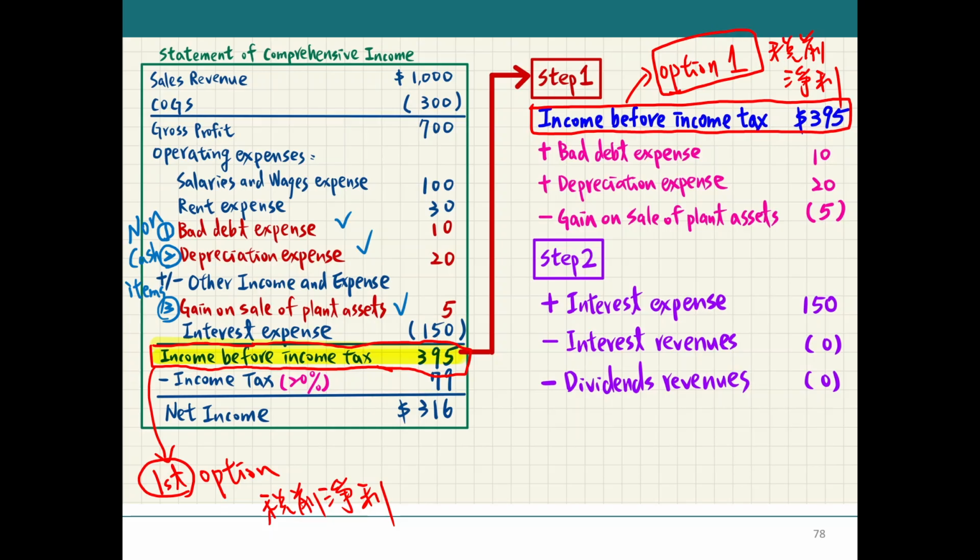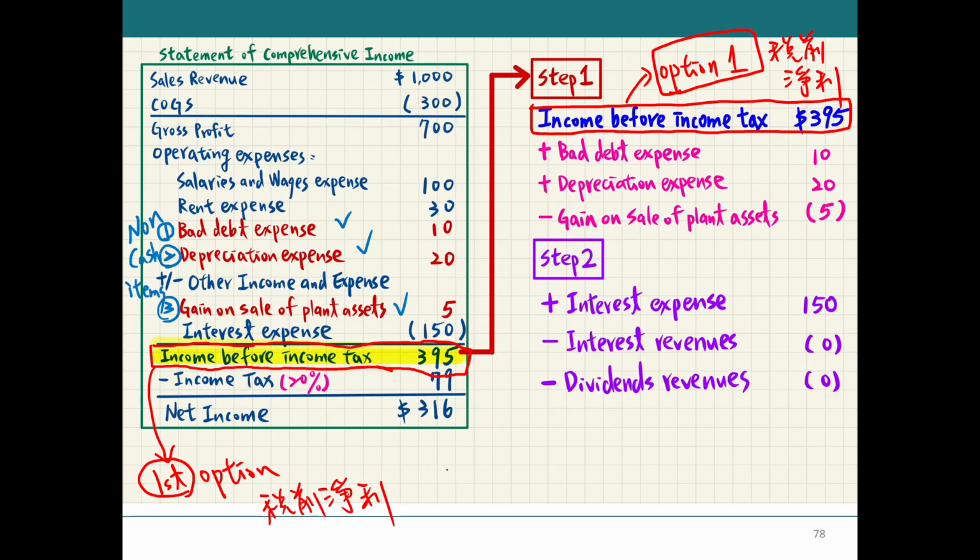Based on the start point, 1,000 minus 300 is 700. Then minus 100 minus 30 minus 10 minus 20 plus 5 minus 150, you got 395, right? So how to exclude their effect?